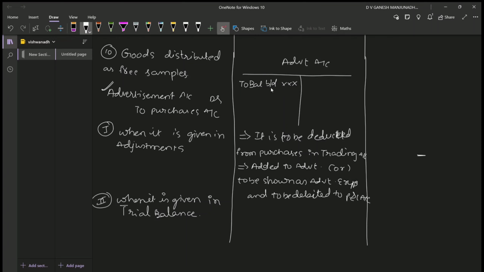When the goods are distributed as free samples, we incorporate the entry to purchases here. Then the total balance would go to the credit. That means it would be carried on with the total amount, and later brought down.